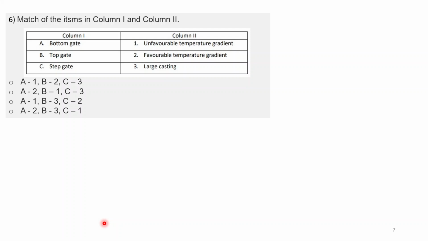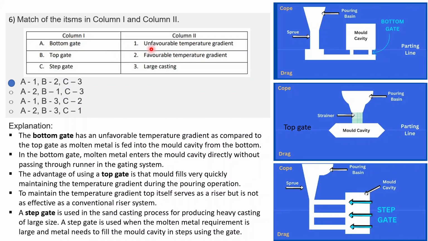If you have read the definitions for these types of gates, you will easily know that step gate is used in case of large castings, and out of these two, bottom gate provides metal from the bottom, that's why it always has an unfavorable temperature gradient. So the answer will be the first one, matching horizontally.